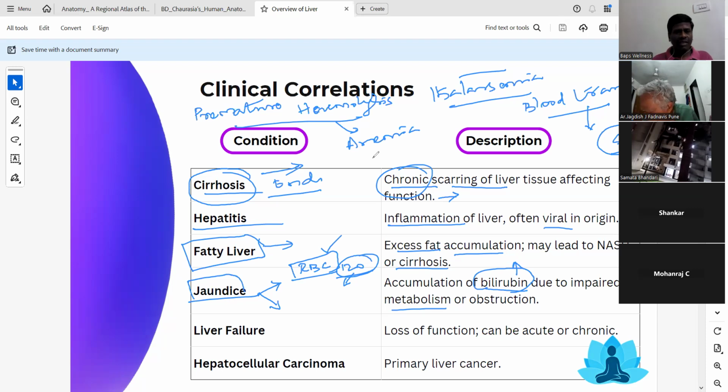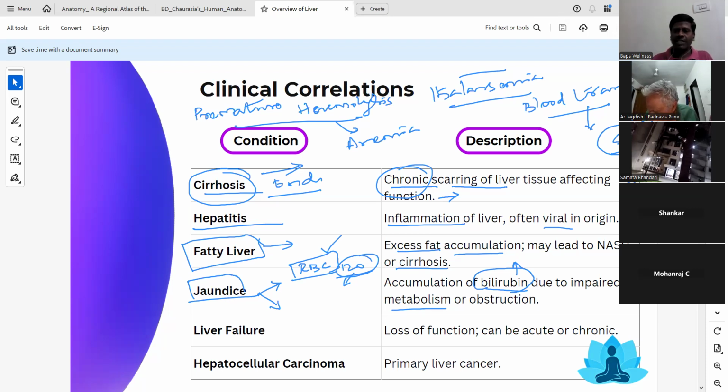If you see anemia, then immediately don't jump into vitamin B12 or iron deficiency and give some supplements and all. Further, that will worsen the spleen. In such cases, because of excess handling of this blood transfusion, splenomegaly will be there.